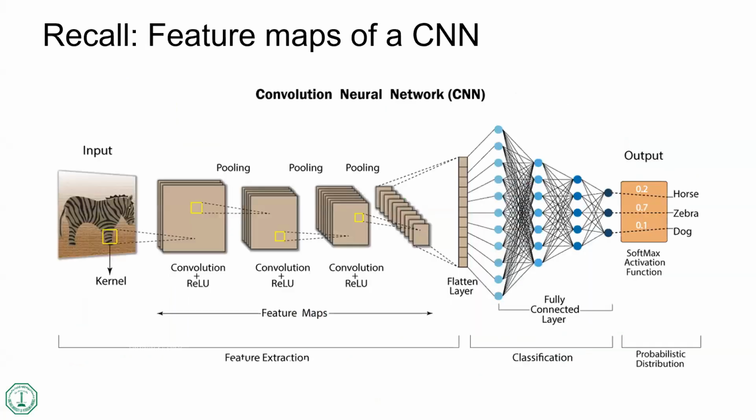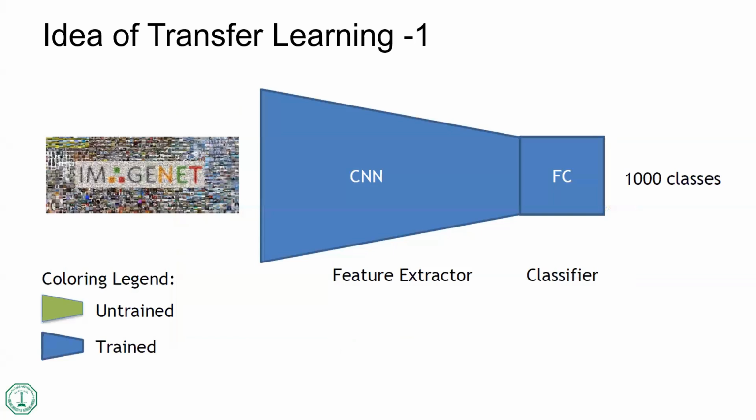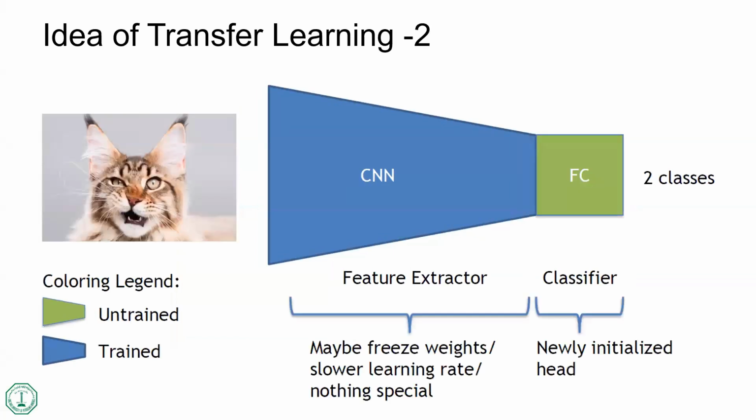We will give it, for example, 10 classes. In this example, it's only 2 classes, so you're only interested in 2 classes. Labeling two types of images is much easier than labeling 1,000, and you also need a smaller data set. This works even if you have something in the range of 1,000 images.